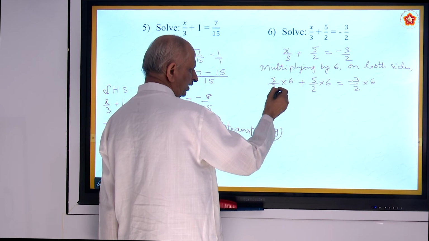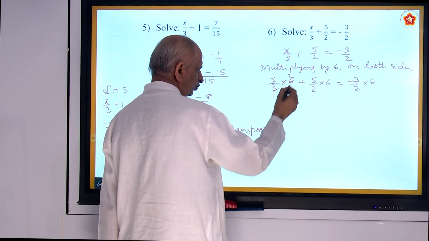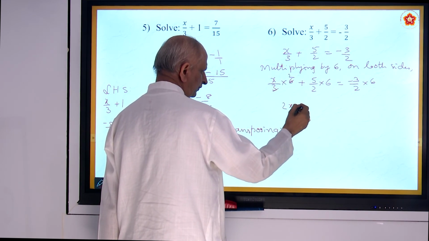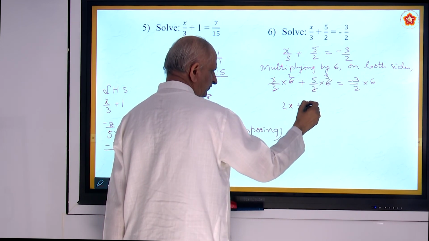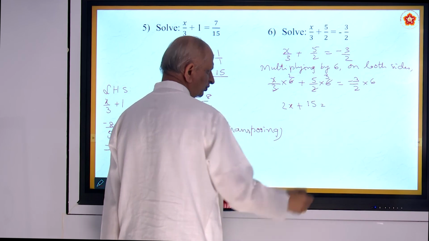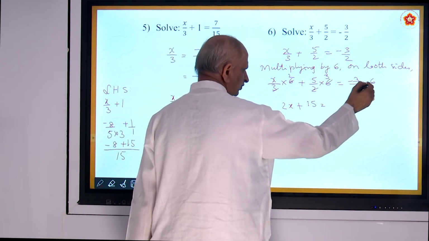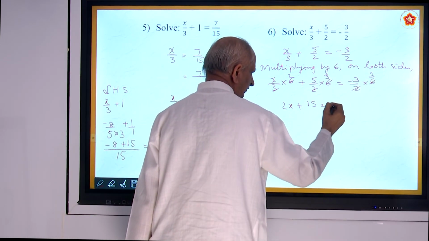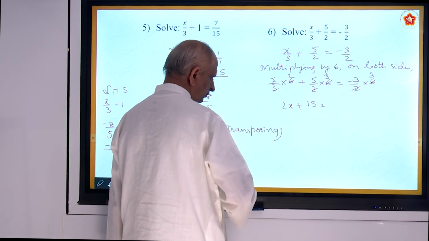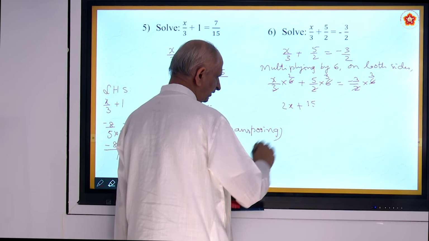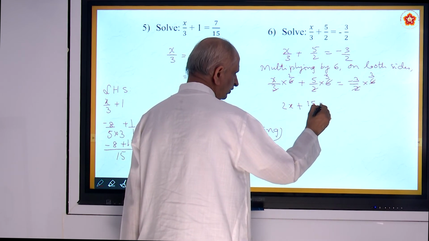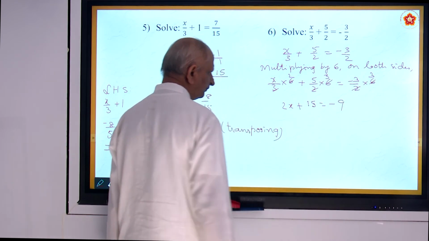So you have 3 ones are 3, twos are 2x; 2 ones are 2, threes are 3... 5 threes are 15, is equal to 2 ones are 2, 3 threes are 9. So 2x plus 15 is equal to minus 9.